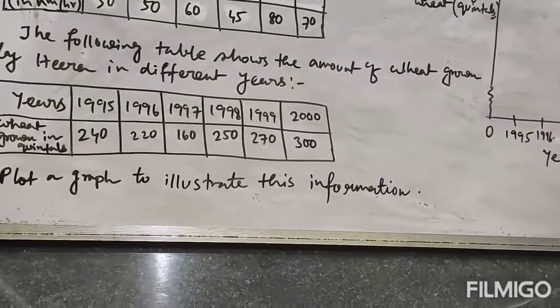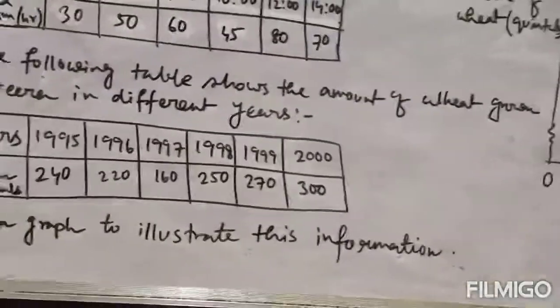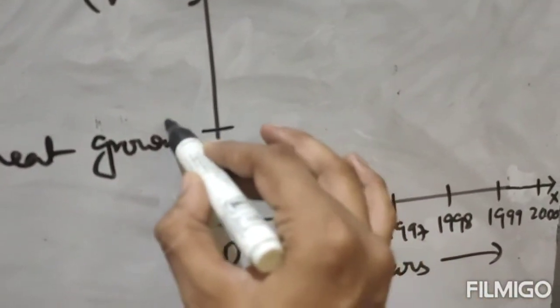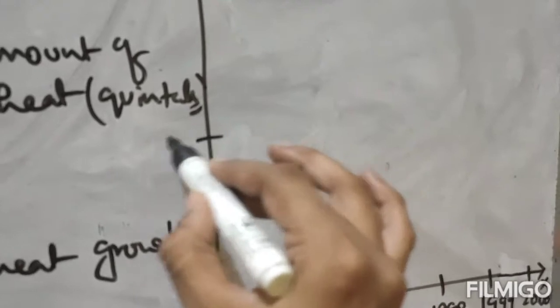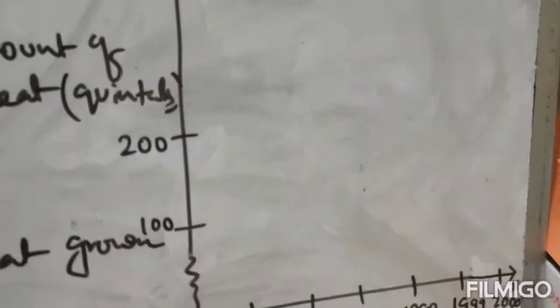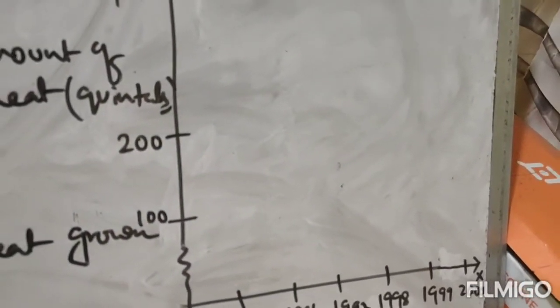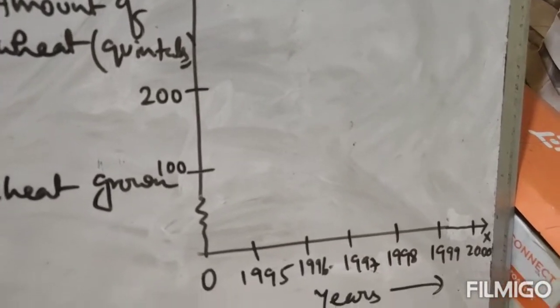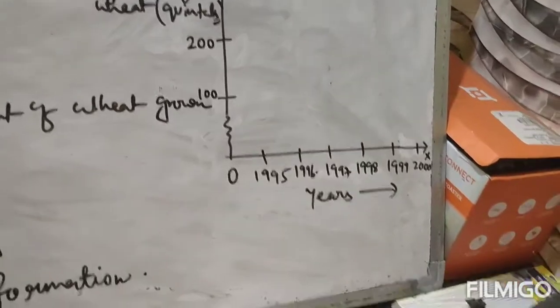And wheat grown, that is 240, 220. That means we have to take 100 units so that we can plot all this data. Or you can take it from 50, that means 50, 100, 150, 200 like this.